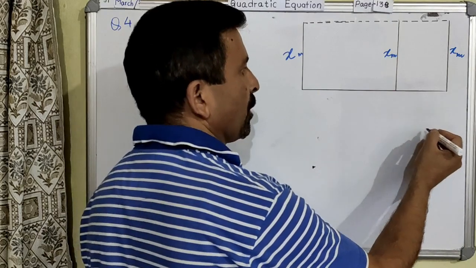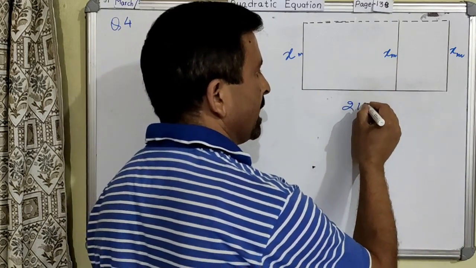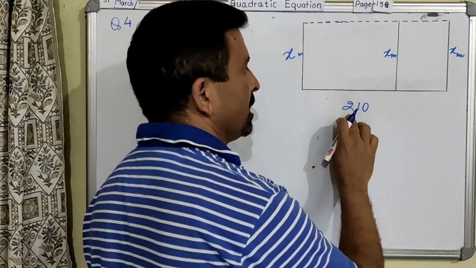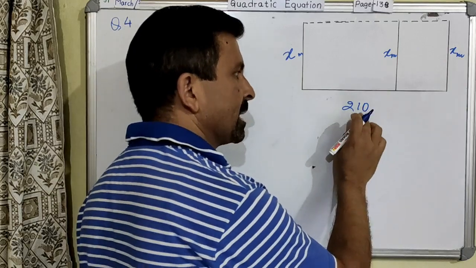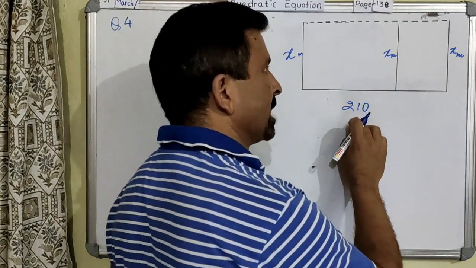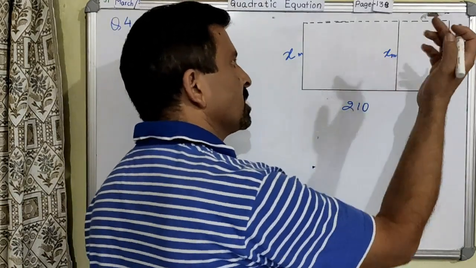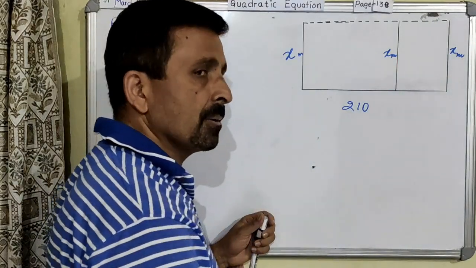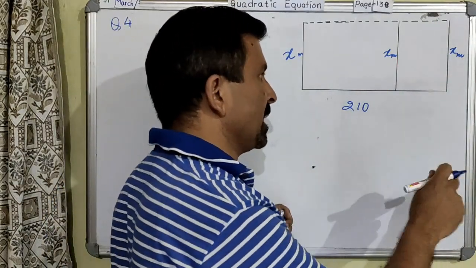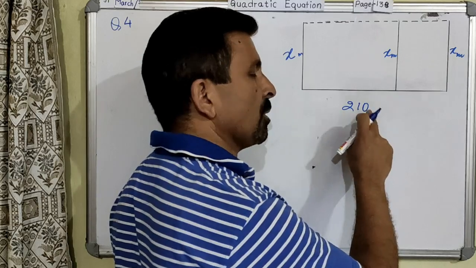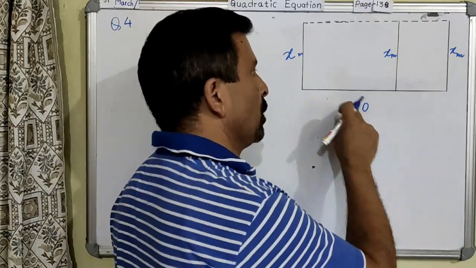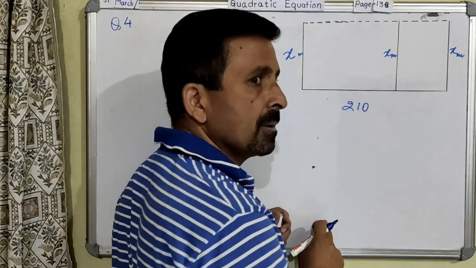The total length of the wire is 210 meters. Out of this 210 meters, this much length is already used, right? Now only the remaining length of the fence will be used along this length.